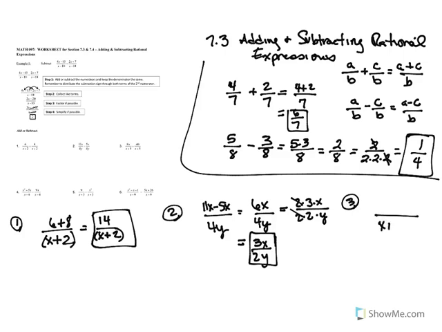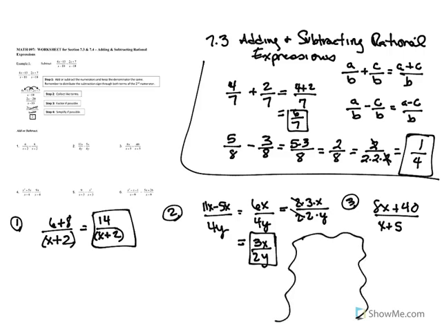Then number 3, 8x over x plus 5 plus 40 over x plus 5. The x plus 5 stays the same. The numerators are 8x plus 40. So this is my problem, 8x plus 40 over x plus 5. When I look at the numerator, it can actually factor. I need to factor so that I can see if this fraction reduces. I have some scratch work somewhere, right?